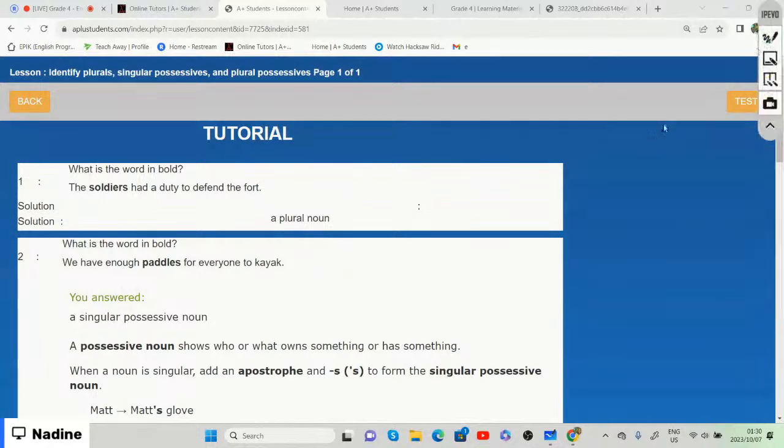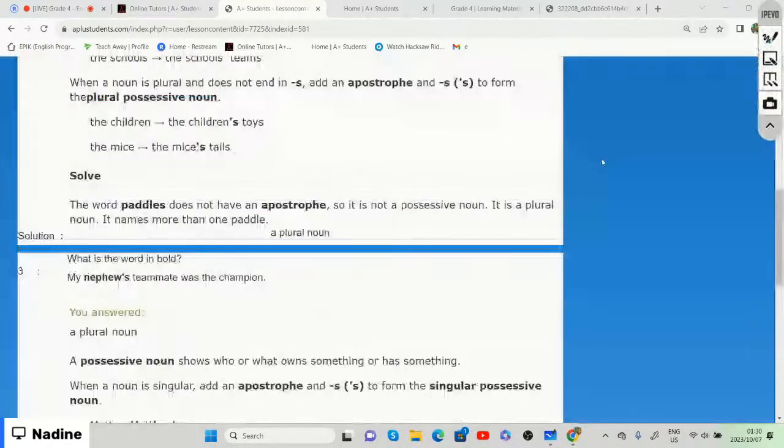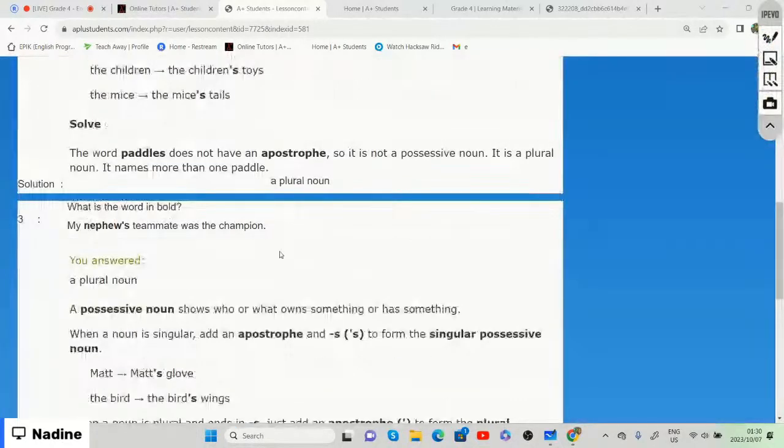All right, let's do the last one. My nephew's teammate was the champion. Is this a plural noun, a singular possessive noun, or is it a plural possessive noun?